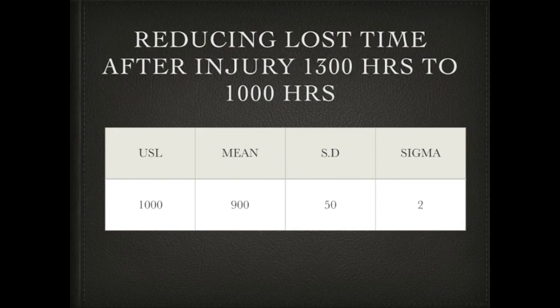In this project, the mean level is 900, the upper specification limit is 1000. Here the standard deviation is just 50. So the difference between the upper specification limit and mean is 100, and the sigma level is 2 because we can accommodate only 2 standard deviations, that is 250s between mean and the upper specification limit.